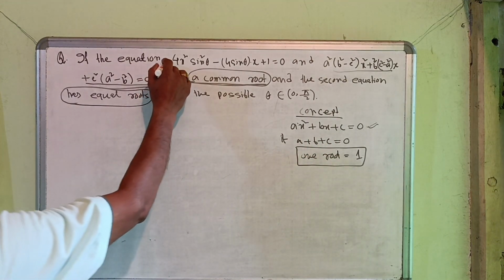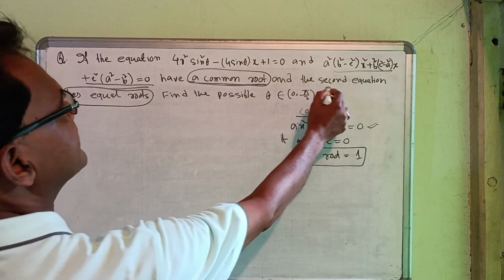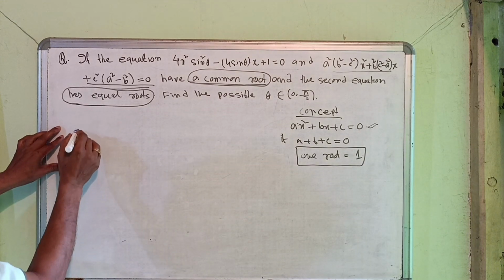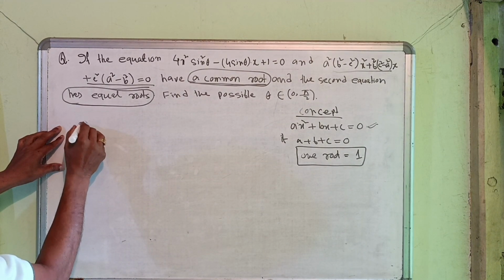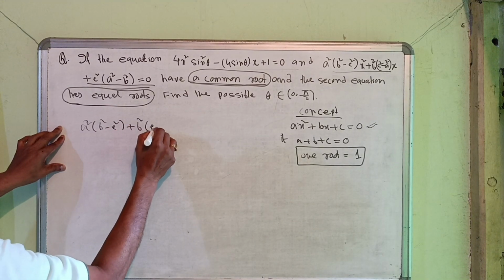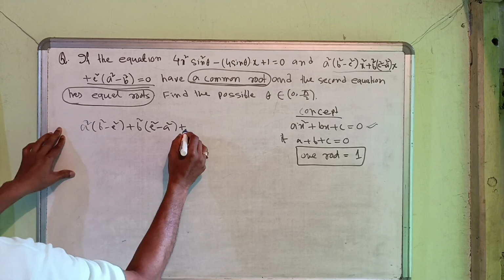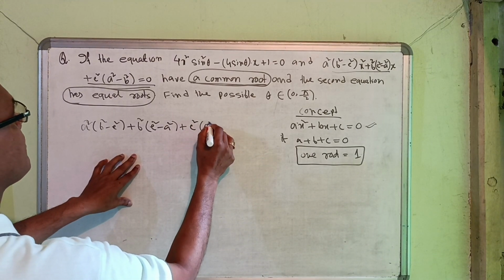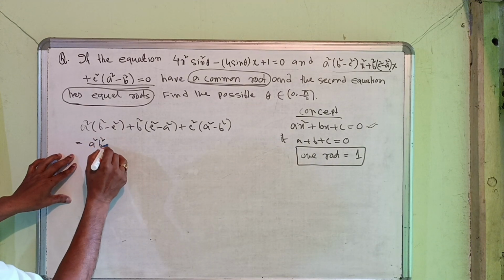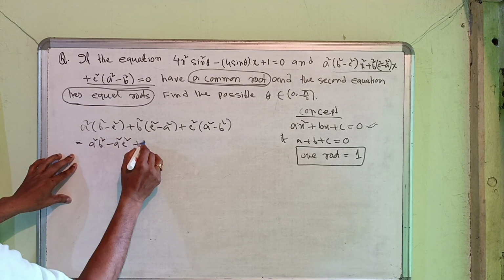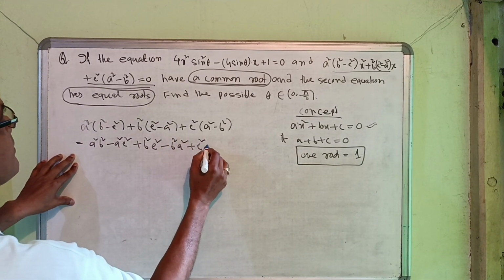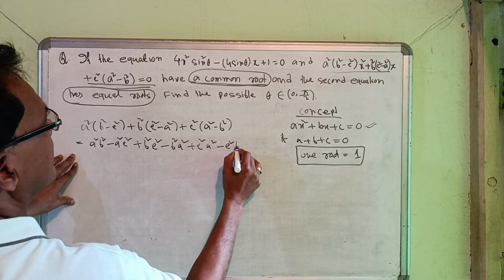From the second equation, we get the sum of the coefficients: a square b square minus c square plus b square c square minus a square plus c square a square minus b square, which is equal to a square b square minus a square c square plus b square c square minus b square a square plus c square a square minus c square b square.